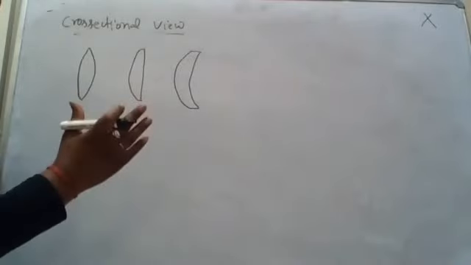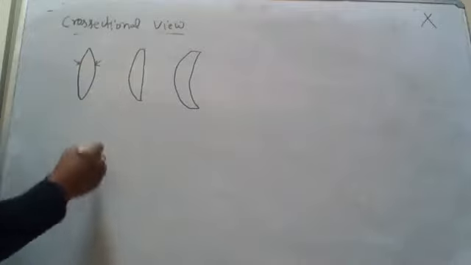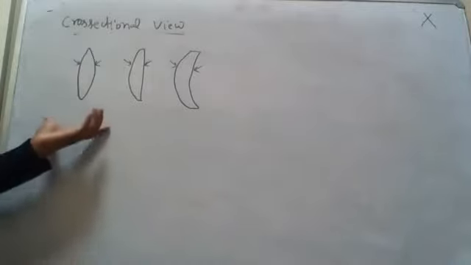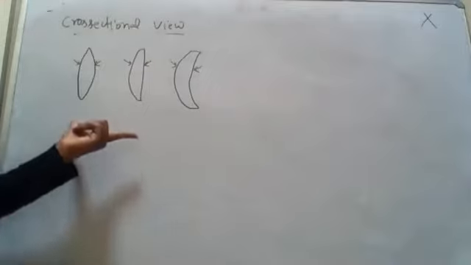Suppose these three lenses have two reflecting surfaces: one is this surface, one is this surface. When two reflecting surfaces combine, we form thin lenses, and here we have three different categories of lenses.